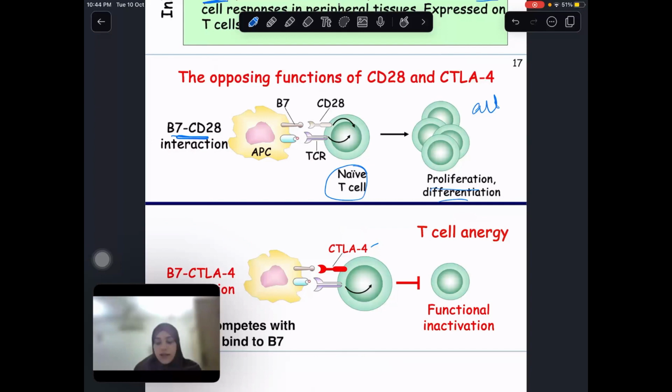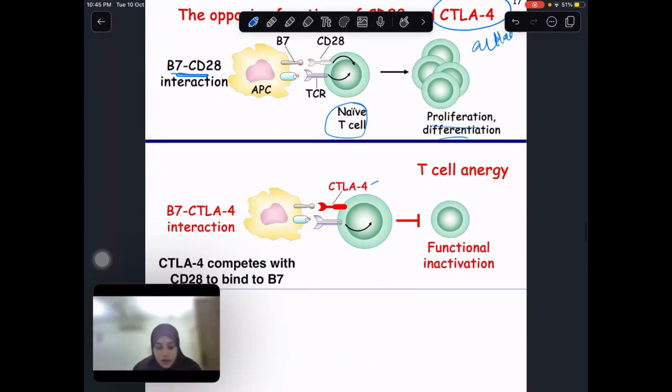This is activation, but I want inhibition. CTLA4 is an inhibitory receptor. How does it inhibit the activation of the T cells? CTLA4 is expressed, and it starts to compete with CD28.